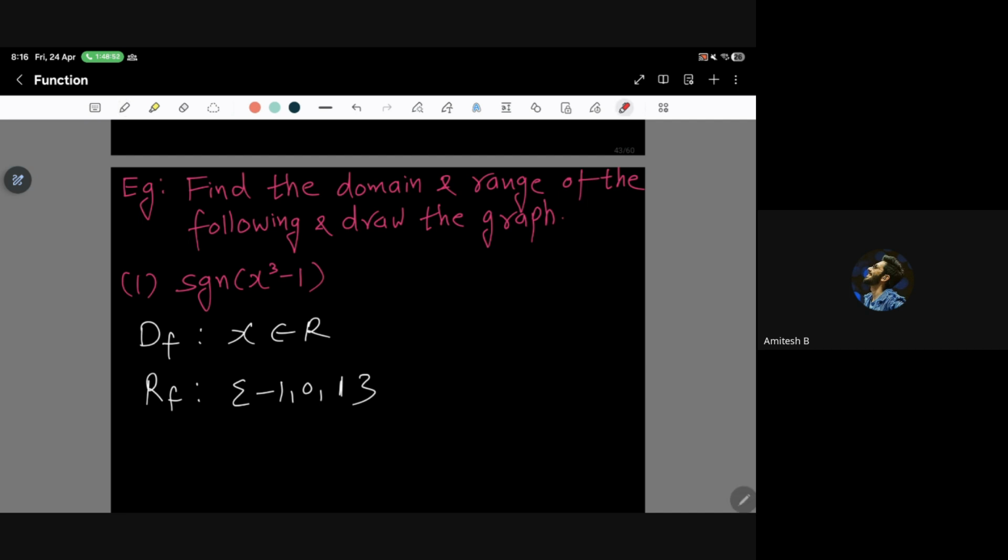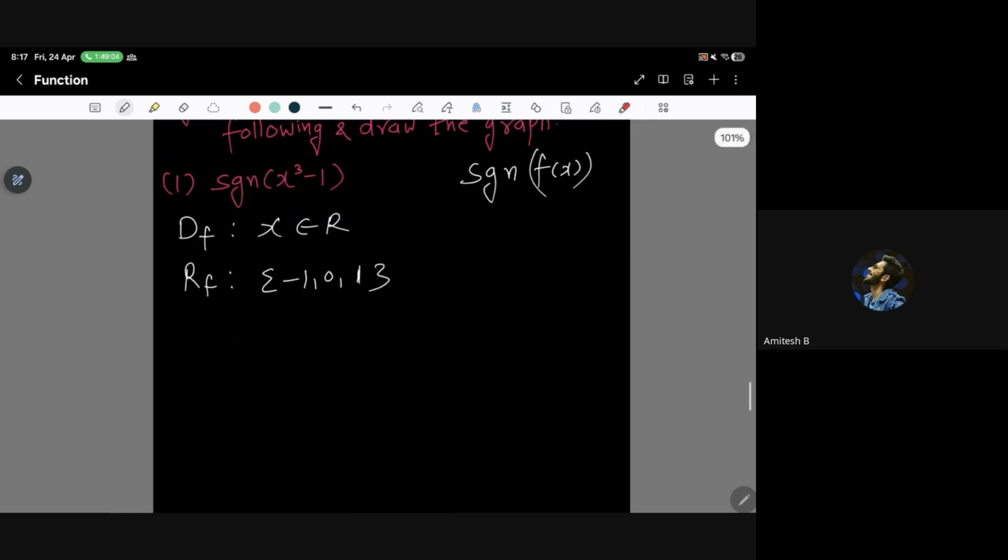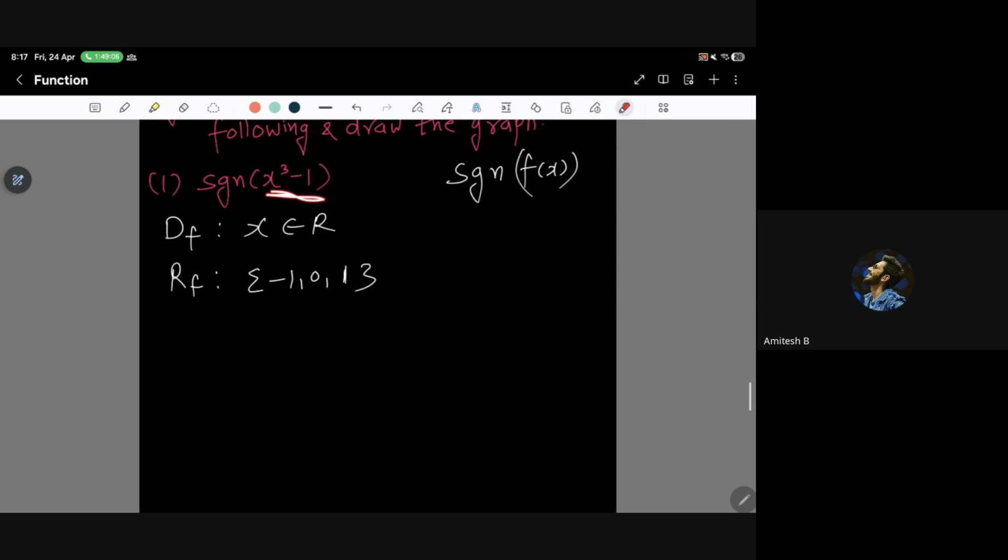So see, this is the basic idea. Whenever you have to draw the graph of signum of f(x), f(x) is any function, like x cube minus 1, you have to first analyze the graph of x cube minus 1. So first thing, how many roots will x cube minus 1 have? If you factorize this, a cube minus b cube, a minus b, a square plus b square plus ab.